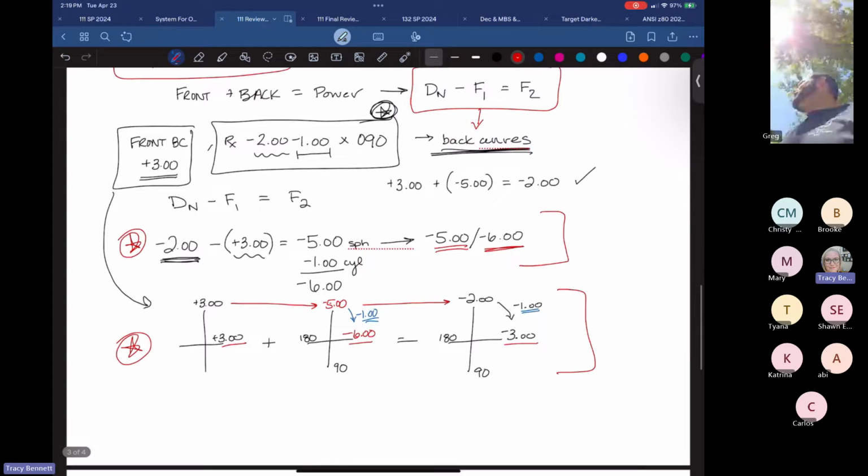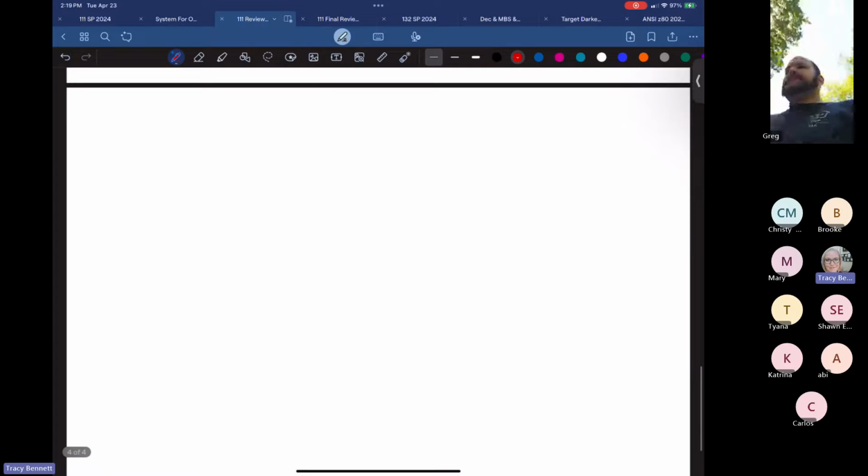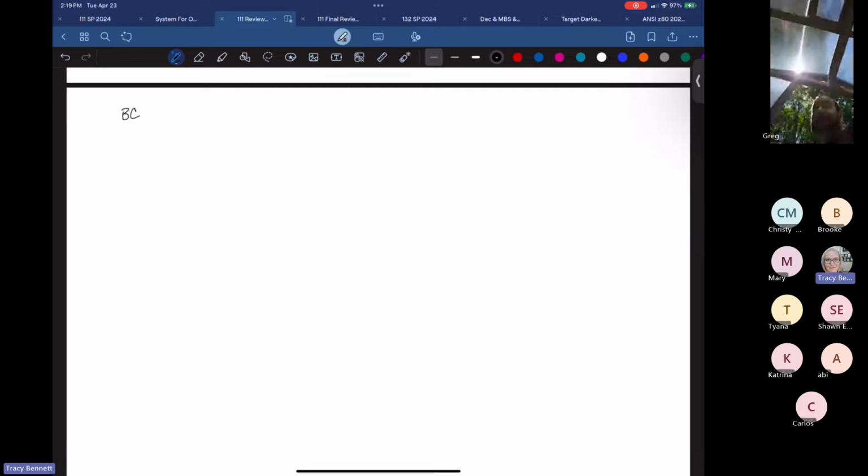And in line with that, let's talk a little bit about those front base curves. Does anybody remember the name of the formula that we use to get an approximate base curve? Vogel's. Very nice.